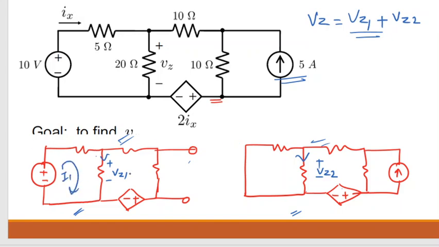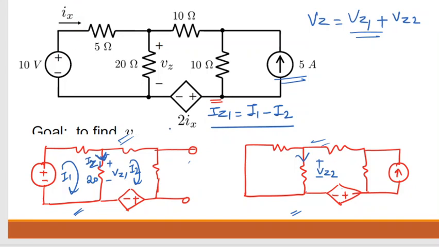Like suppose this is I1 and I2, but we need to calculate the current in 20 ohm. So let us consider as IZ1. Okay. So can you tell me IZ1 is how much? I1 plus I2, I1 minus I2, or what? IZ1 and I1, they are at the same direction or opposite?